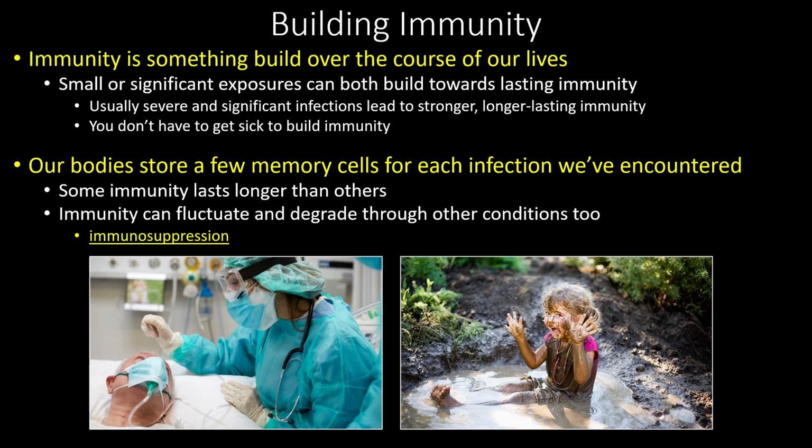This can vary from infection to infection, but it also can vary based on the conditions of our lives. Through our aging and also our general health, we can lose immune function. We can have some parts of our immune system wane faster than others, or have issues. In this case, we can call somebody that experiences this immunosuppressed or immunocompromised.